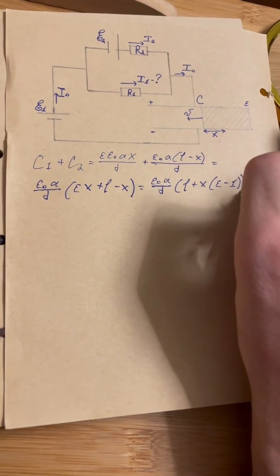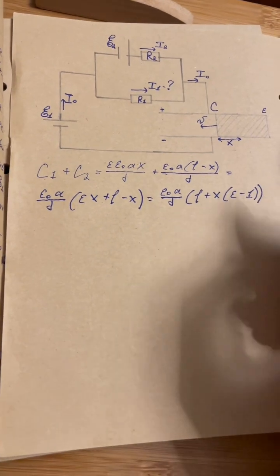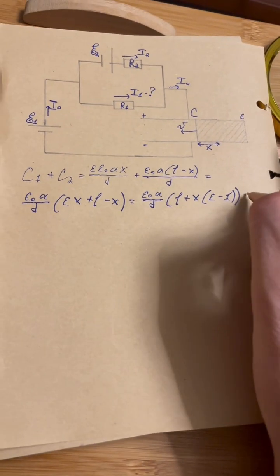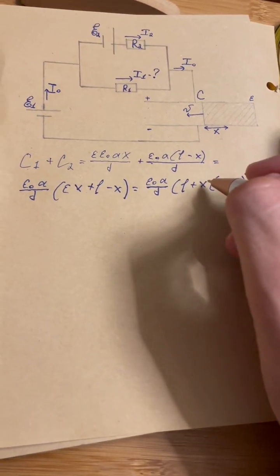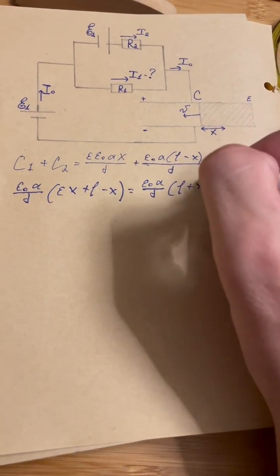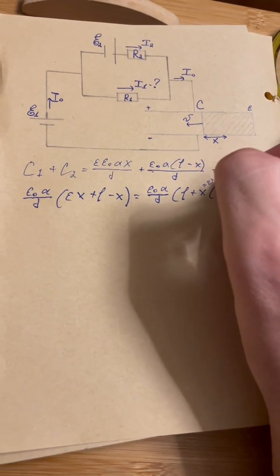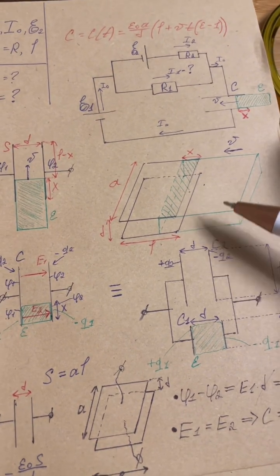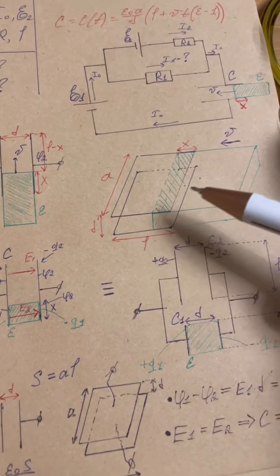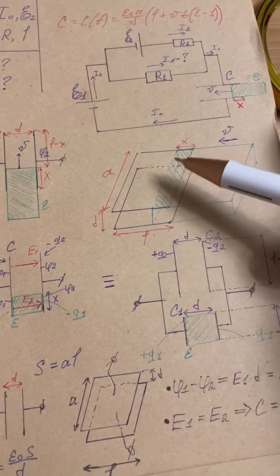Oh, nice. This is the total capacitance at any instance of time. And I can rewrite this X as Vt, because X is the distance that the slab has already covered, and it's inside the capacitor.